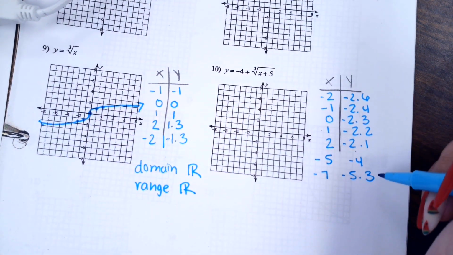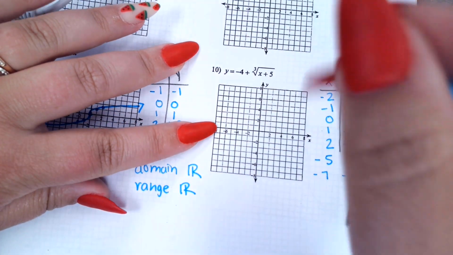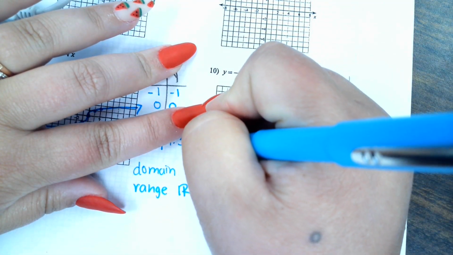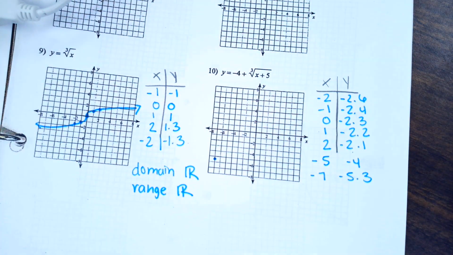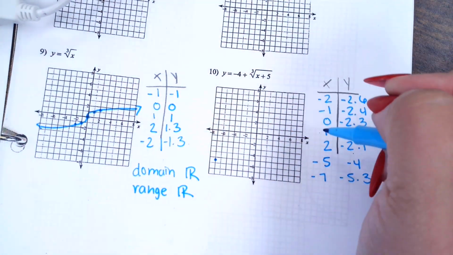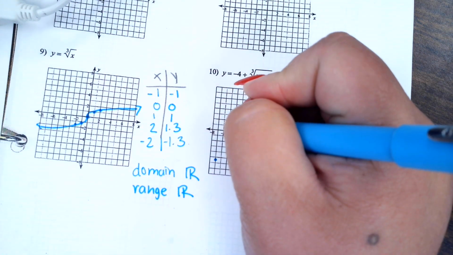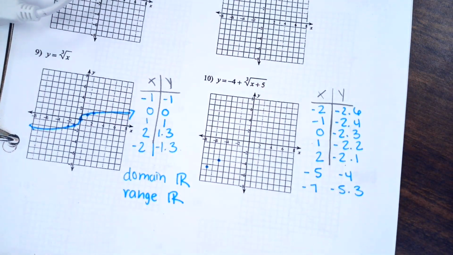So let's graph some of these. I'm going to start at the bottom and work my way up. So negative 7 and then negative 5.3. So 1, 2, 3, 4, 5. Somewhere in the middle there. Negative 5, negative 4. So negative 5, 1, 2, 3, and 4.